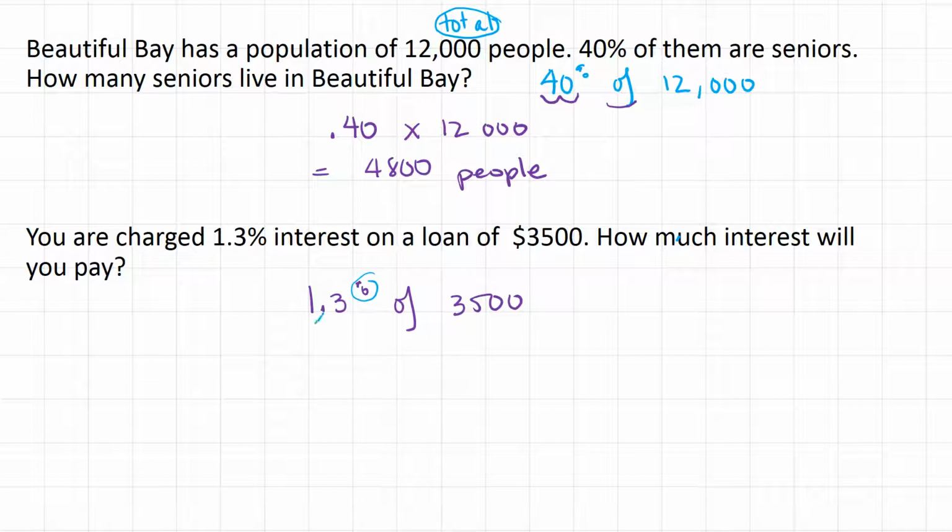So I'm going to move the decimal place once, twice, so it's going to be 0.013. "Of" means multiplication, 3,500. And 0.013 times 3,500 is 45.5. Now because I'm talking about dollars, I should write this as dollars. So $45.50.